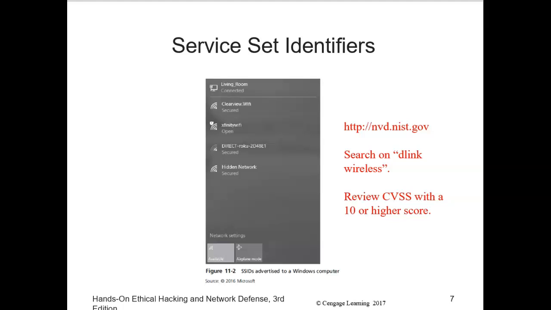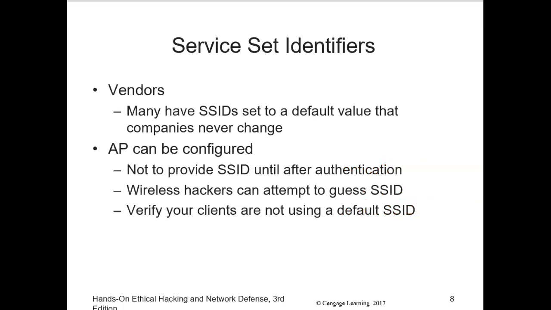And it gives you an opportunity to review some recent vulnerabilities with the Common Vulnerability Scoring System known as CVSS. And look at the ones with a security level of 10 or higher. You can even click the CVE link and read the vulnerability summary information, okay?